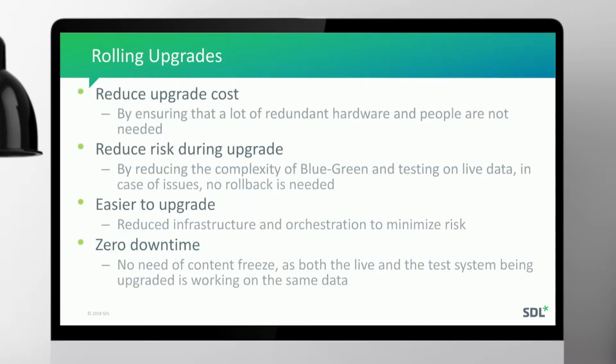Now, what are we doing here? We actually talked about those objectives and how those objectives are being addressed. As I said, we require less redundant hardware and people, and we reduce the risk of doing the blue-green. When you do a blue-green deployment, you are not testing on live data.